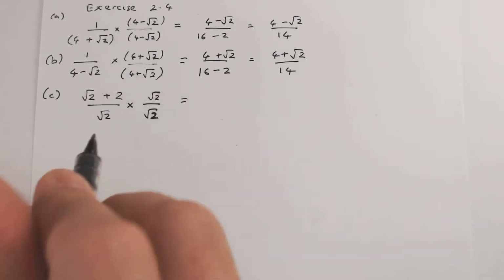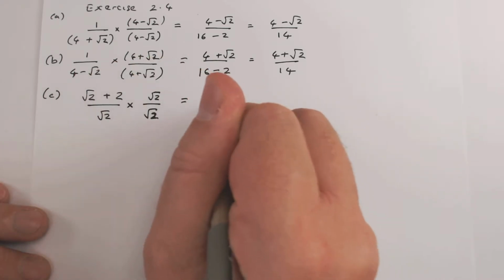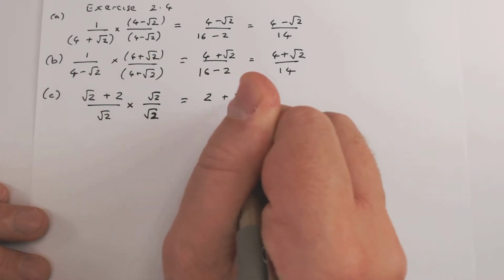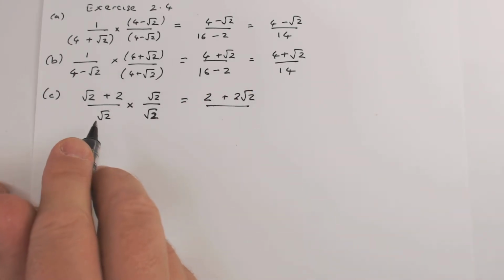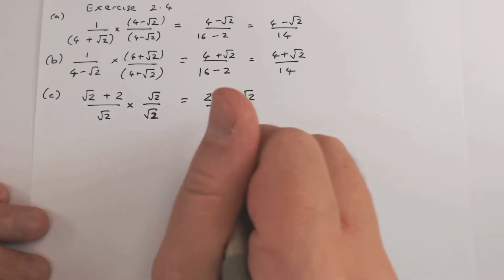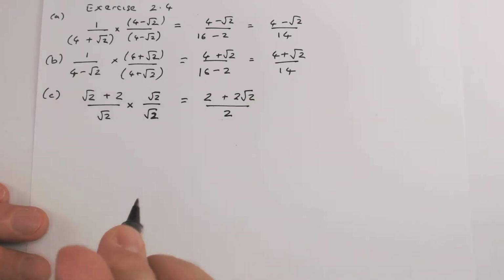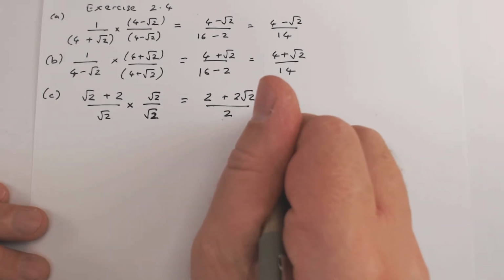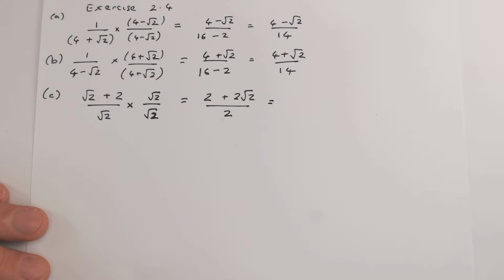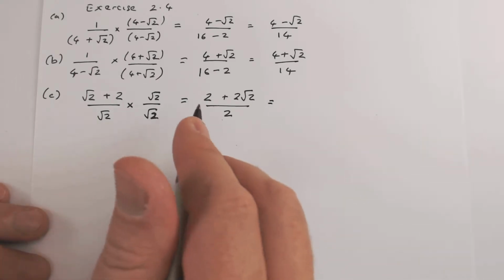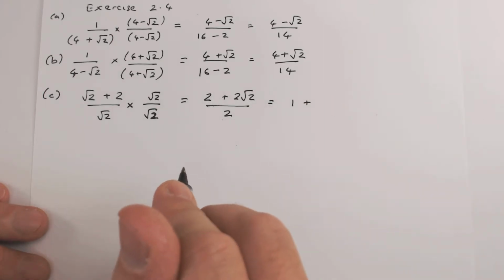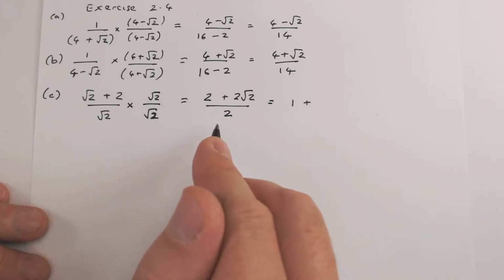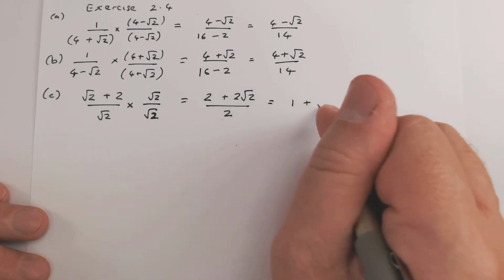So root 2 times root 2 is 2, and then we've got 2 root 2, and on the bottom I've got root 2 times root 2, which is 2. I won't leave it like that because it obviously can be beautified a bit more. So 2 divided by 2 is 1, and 2 root 2 divided by 2 can become root 2.